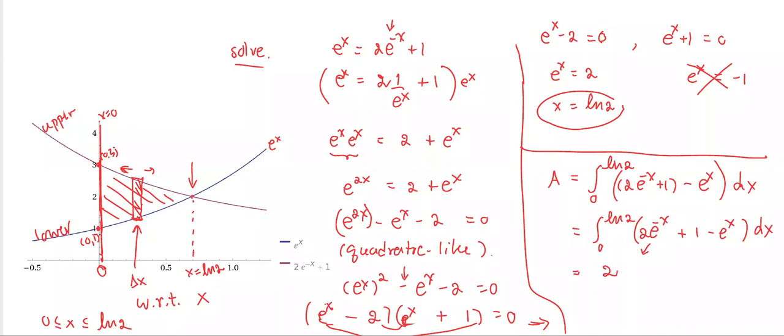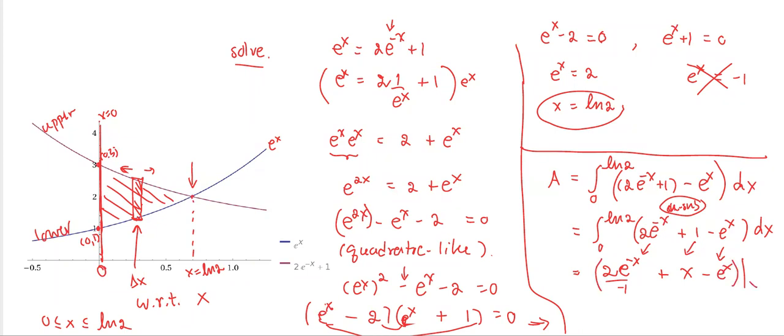The first one will get 2 times e to the negative x divided by negative 1, because we use the substitution technique over here. And then the antiderivative of 1 with respect to x is x. The antiderivative of negative e to the x is negative e to the x.